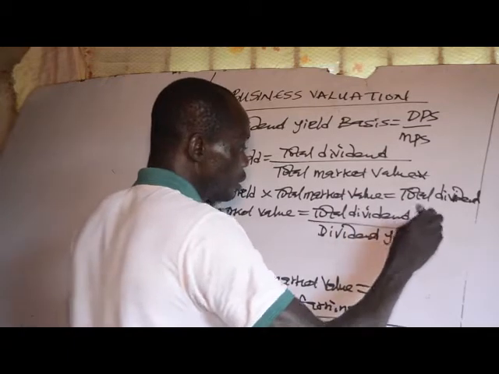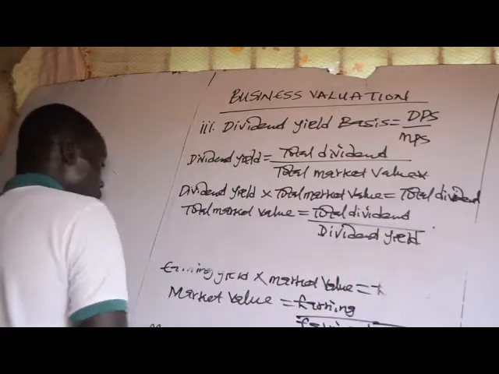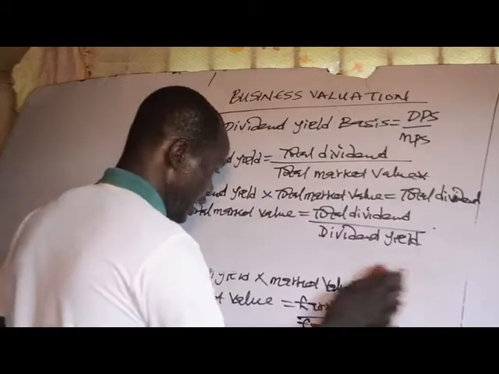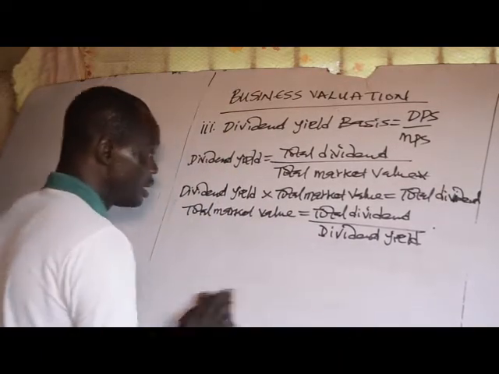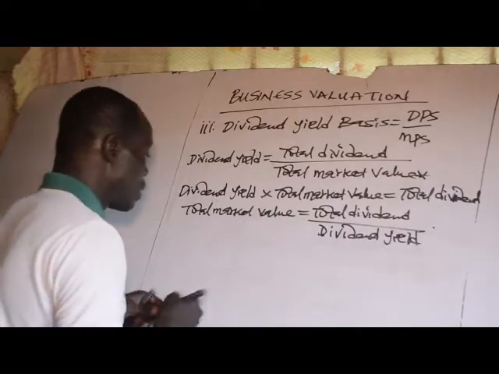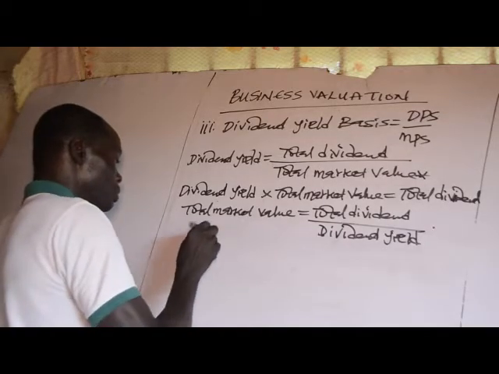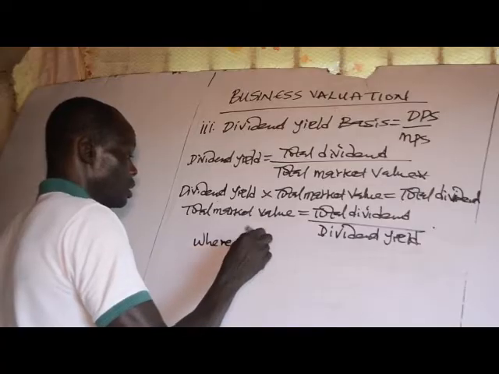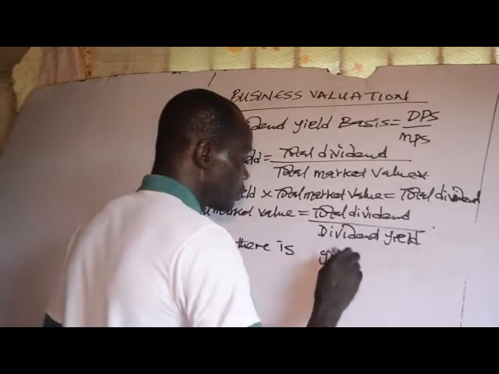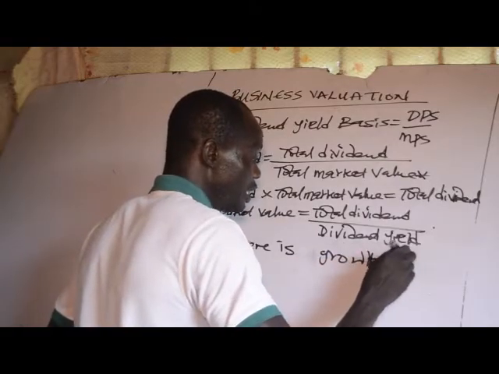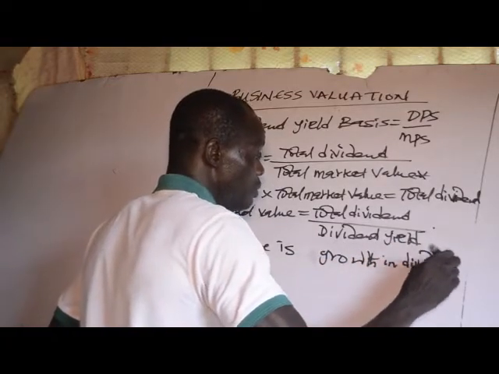This formula will be used where there is no growth in dividends. But anytime there is a growth in dividend, the formula will be modified.